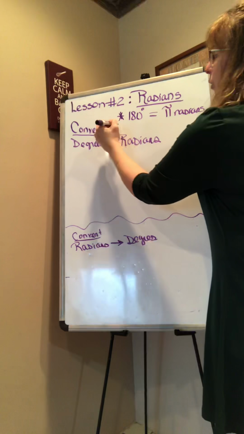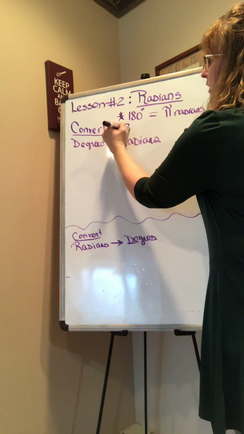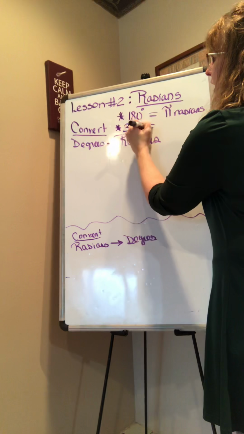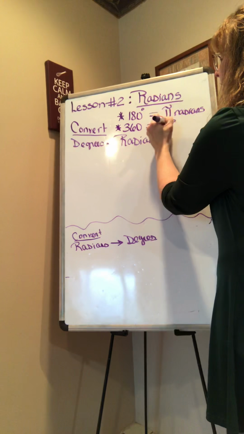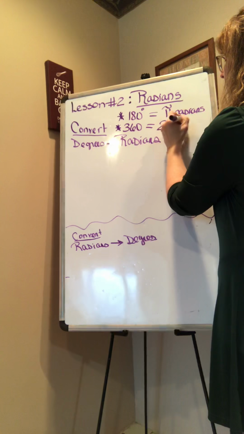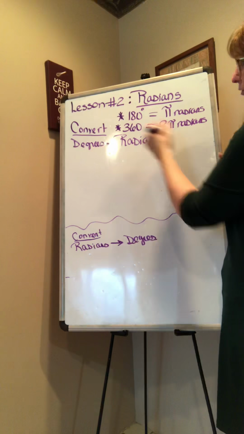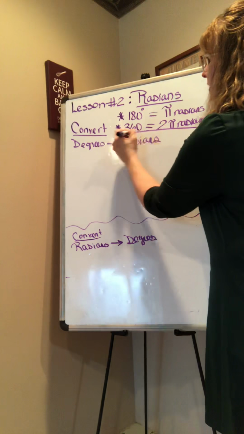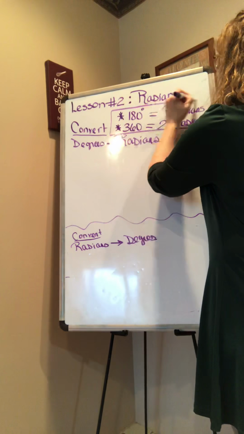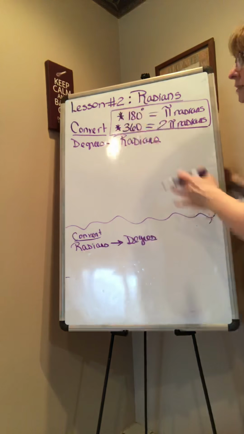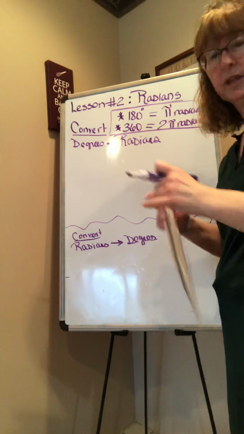If I wanted to go one step further, 360 degrees would then be 2 pi radians, because 180 times 2 is 360. You've got to know this. We're going to circle it, I have stars on it. Please, please, please know this.